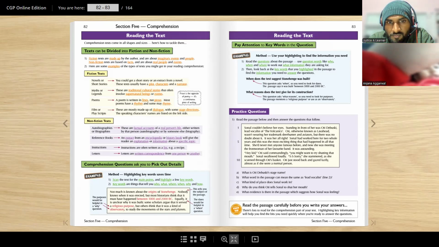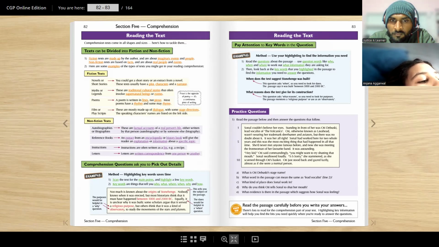Comprehension questions ask you to pick out detail. Method: highlighting keywords saves you time. Scan the text for the main points and highlight a few keywords. Keywords are things that tell you who, what, where, when, why, and how. So, not much is known about the origins of Stonehenge.